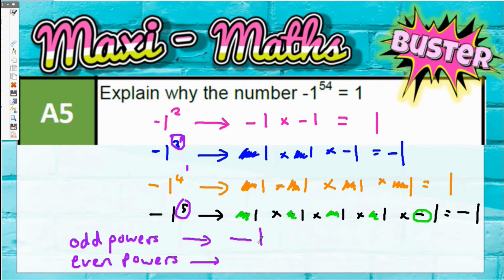But if it's even powers of -1, then because it's even, they would all pair up and cancel each other out, and there wouldn't be any negative left over at the end, which means the answer is always +1. So odd powers of -1 give you -1, even powers of -1 give you +1.